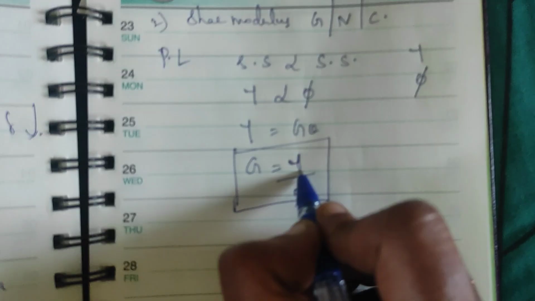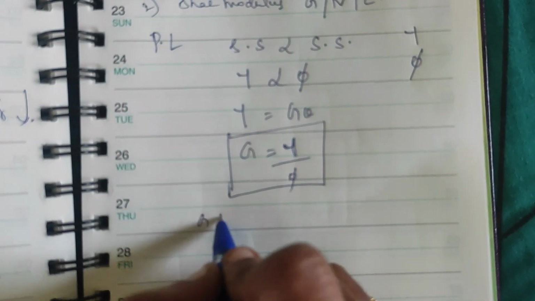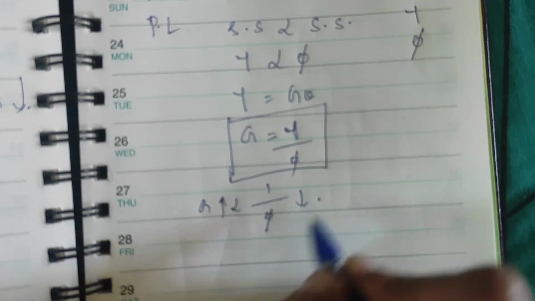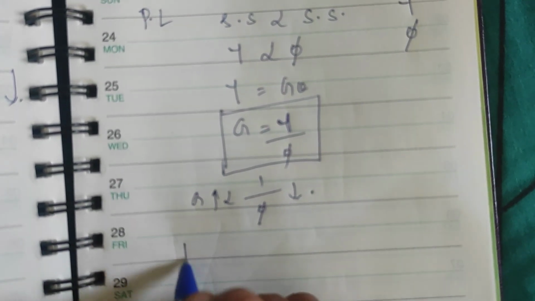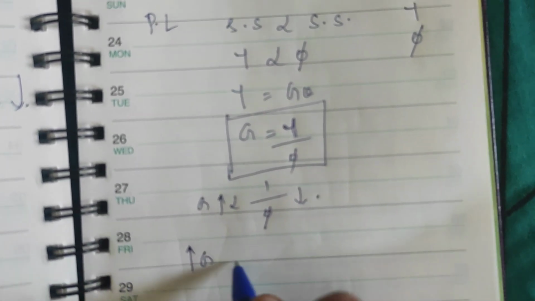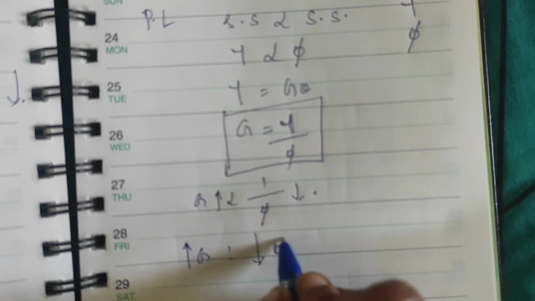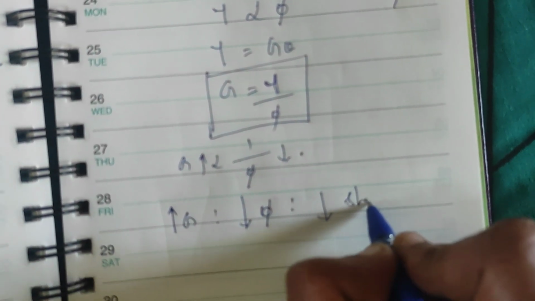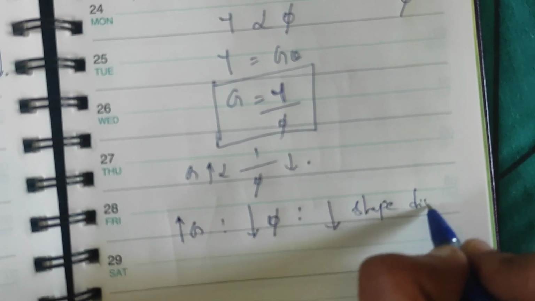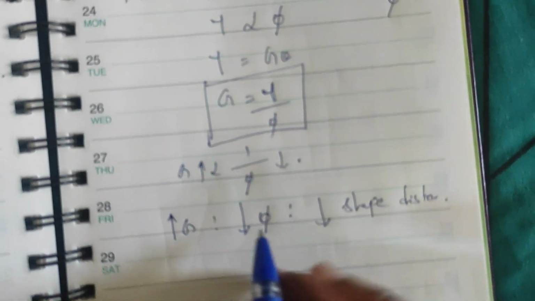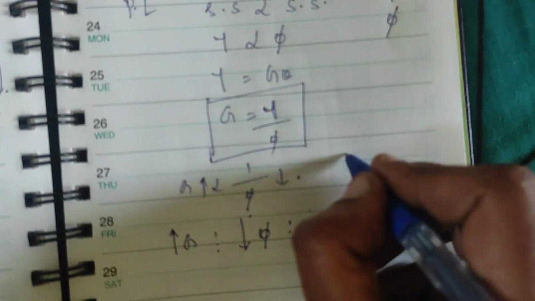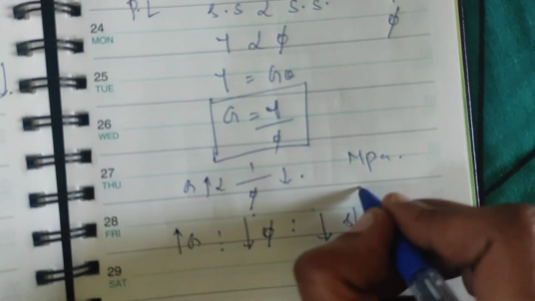For a given value of tau, as G increases, 1 by phi decreases. So as shear modulus increases, phi decreases, and shape distortion decreases. This is used to determine phi theoretically, and the unit of this is MPa.